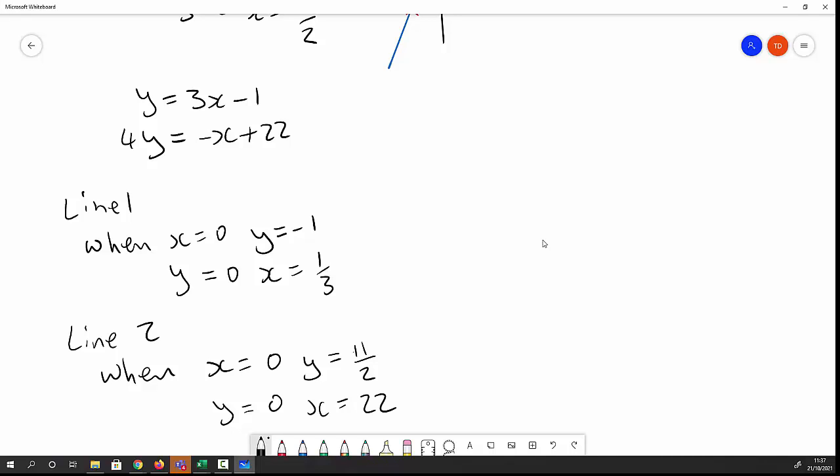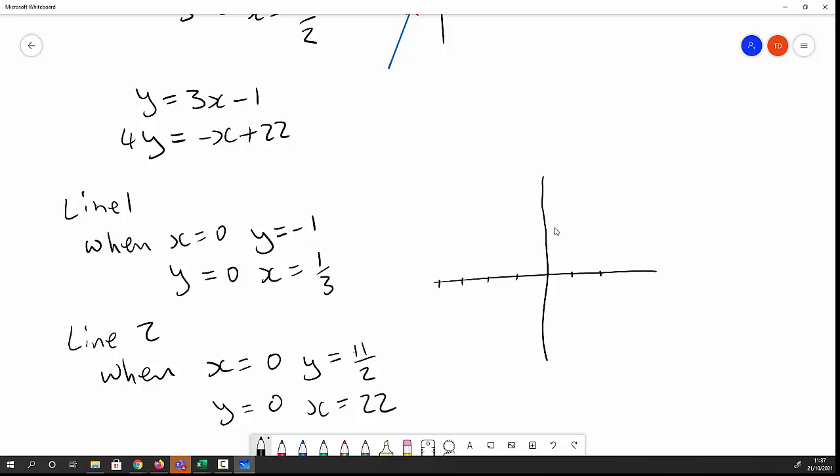Right, so what I now want to do is to graph that. So again, when I say graph it, I mean sketch it, which means just a quick sketch like that. Doing the first one, when x equals 0, y equals minus 1, so I better put some little lines on. X is going to 22, so I'm going to do 5, 10, 15, 20.